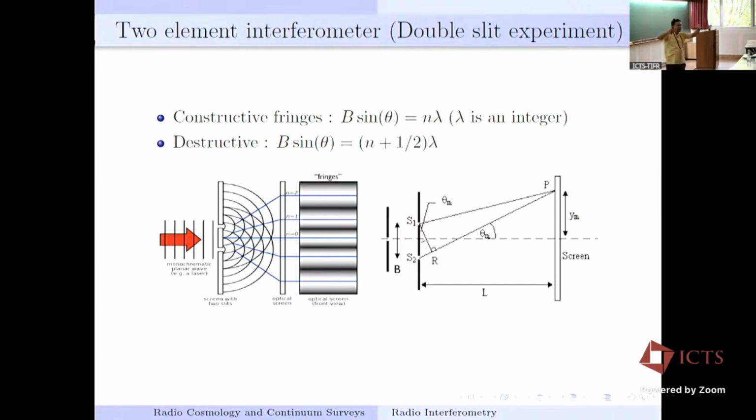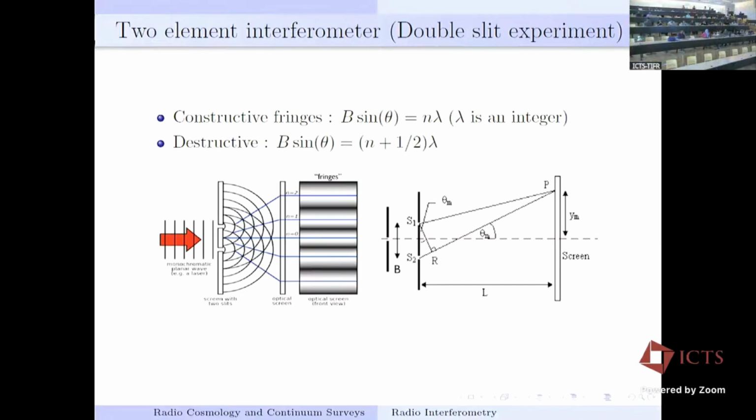Now if they travel far enough, they will be parallel, correct? Fantastic. So if I have two slits, they will produce a bright, dark interference pattern, right? Now I have another star which is nearby. So I have one star.